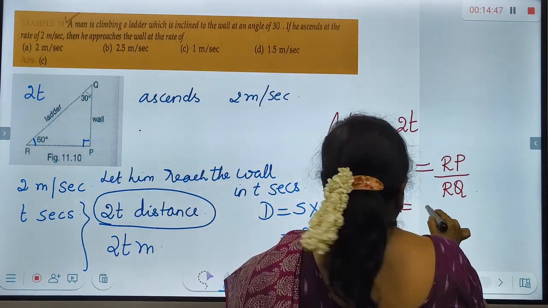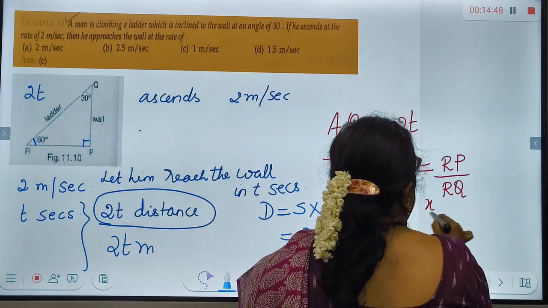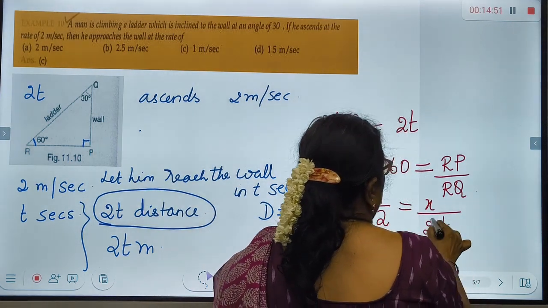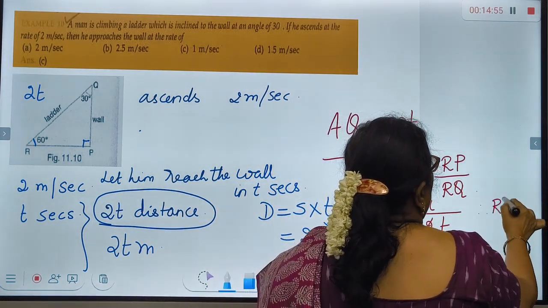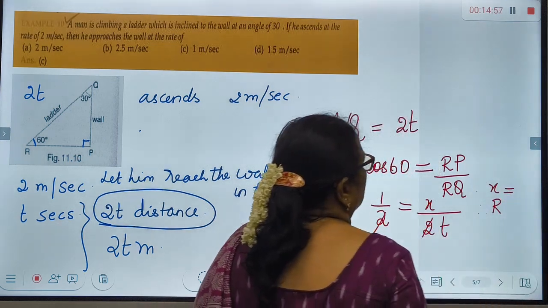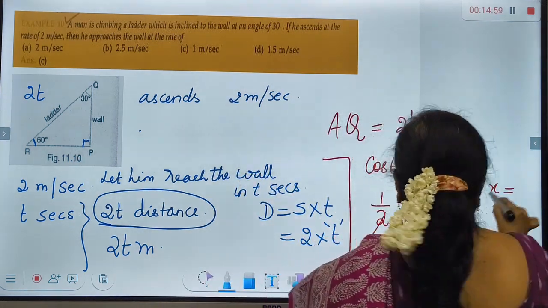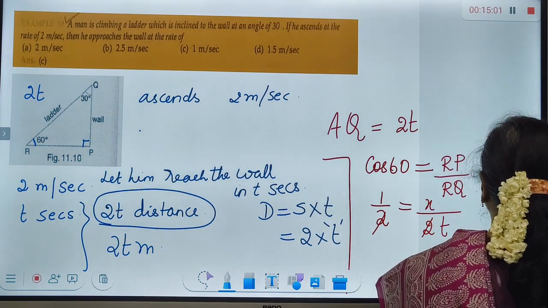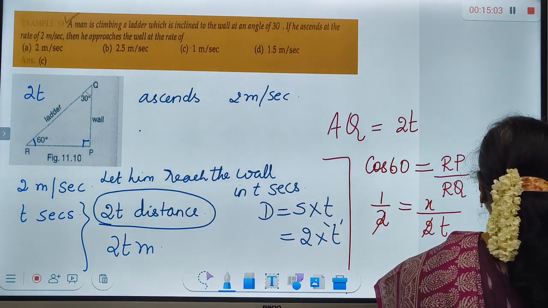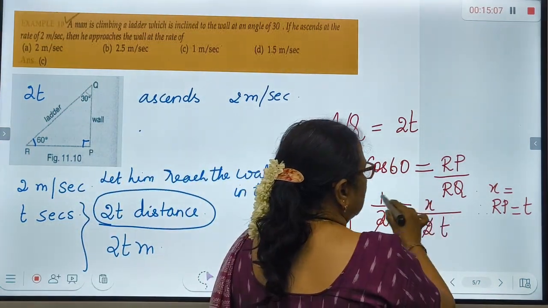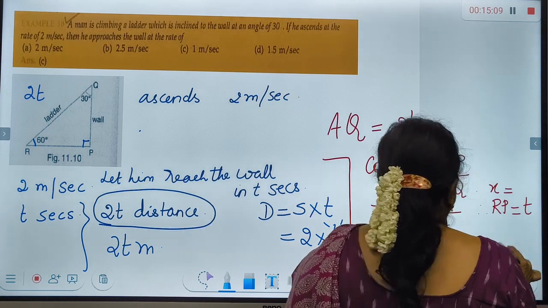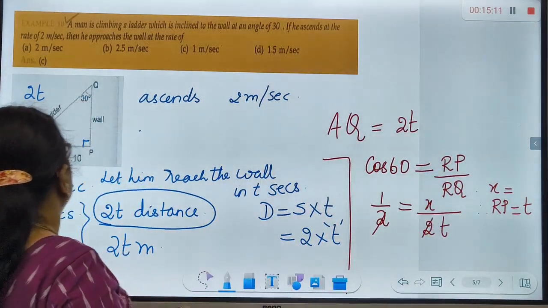RP we have to find out. RQ is 2t. Therefore, RP, x, equal to t. That means what? If x is t, what does that mean? What is it that we have kept as x?